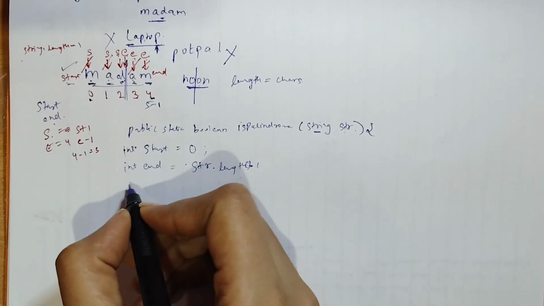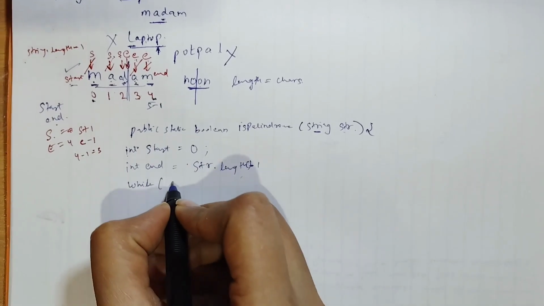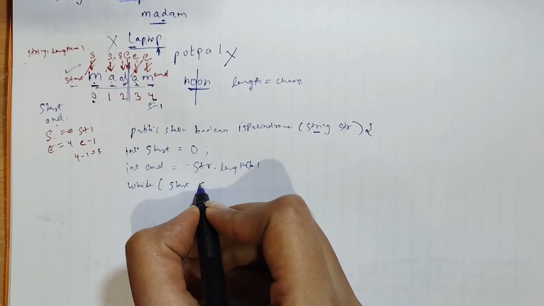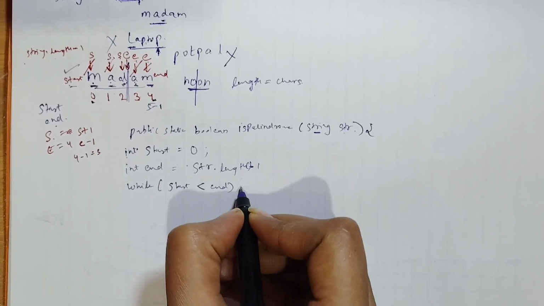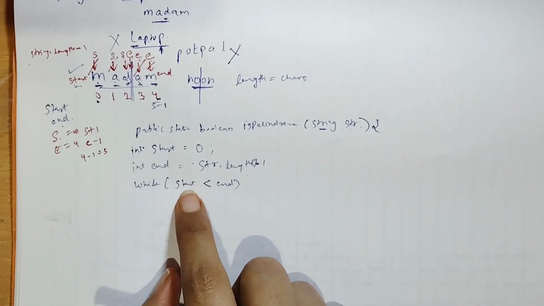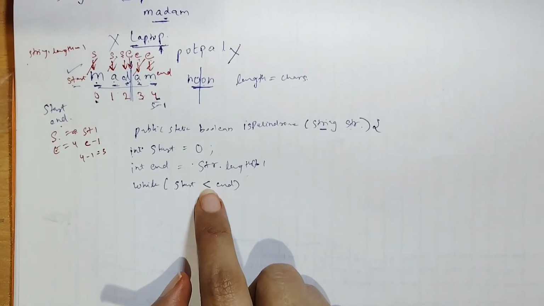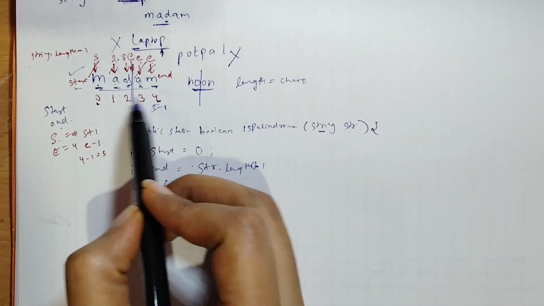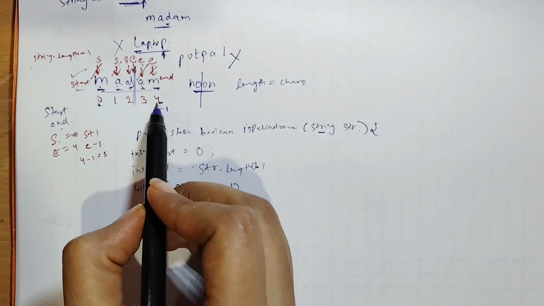Next we will write a loop, a while loop, and it will run as long as start is less than end. So this while loop runs for start and end while start is less than end. Initially start is 0 and end is 4. Start is less than end, yes it is.